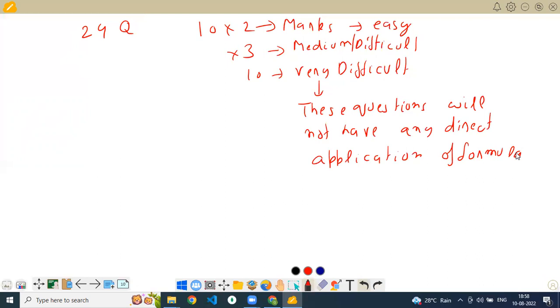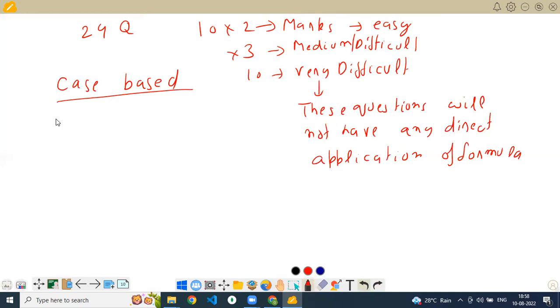Mostly the bigger questions in pre-RMO, like 10 marks questions, will always be case based. I'll give you some examples after 2 or 3 classes, that what if case 1, what if case 2, what if case 3, what if case 4.